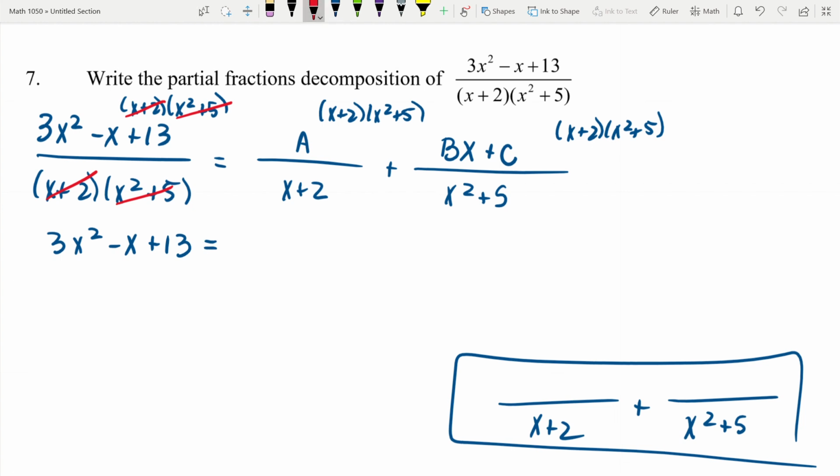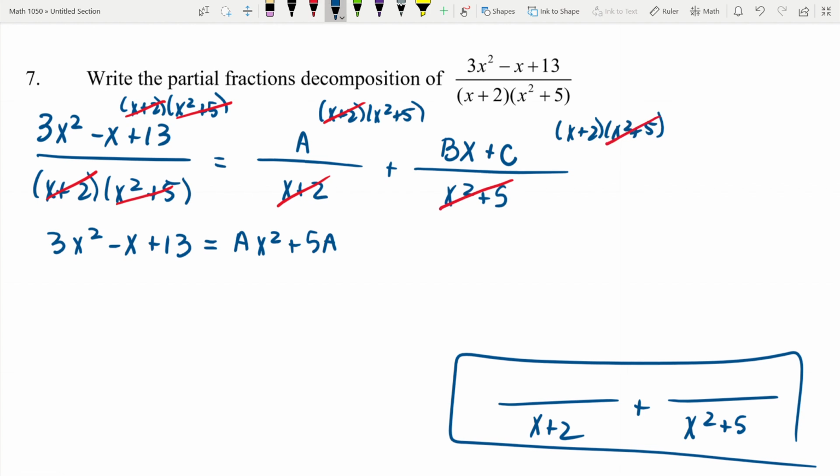Right after that, this x plus 2 cancels with that x plus 2. Distribute the a, and you have ax squared plus 5a. On the far right, this x squared plus 5 cancels with this x squared plus 5.